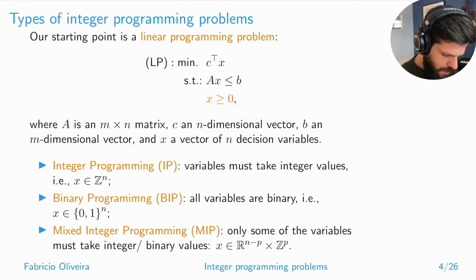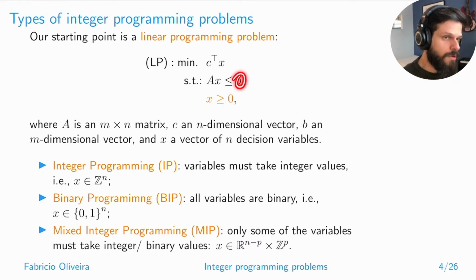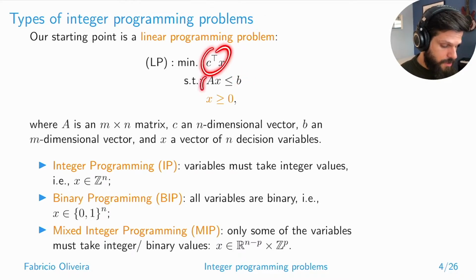So in this case here, we would have p integer variables, and the remaining variables would be continuous, defined as we saw before. And one important thing is that behind these, we also assume linearity in the constraints, and your objective function and your constraints being affine.